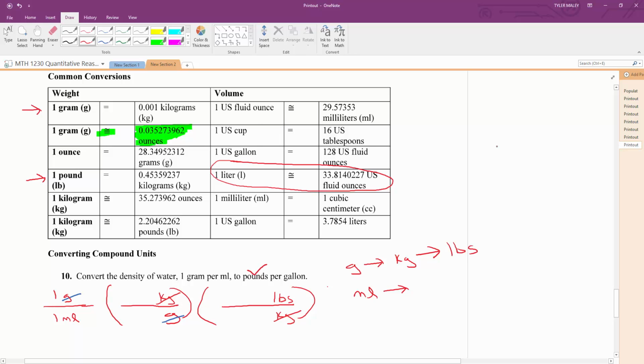So one that's not listed here is that there are 1,000 milliliters in 1 liter. Right, so this is something that you should know from the metric system. So we'll need this. So what we could do is go from milliliters into liters, right? And then let's see if there's a connection between liters and gallons. So there is here, right, at the very bottom. So we could go from milliliters to liters and then into gallons.